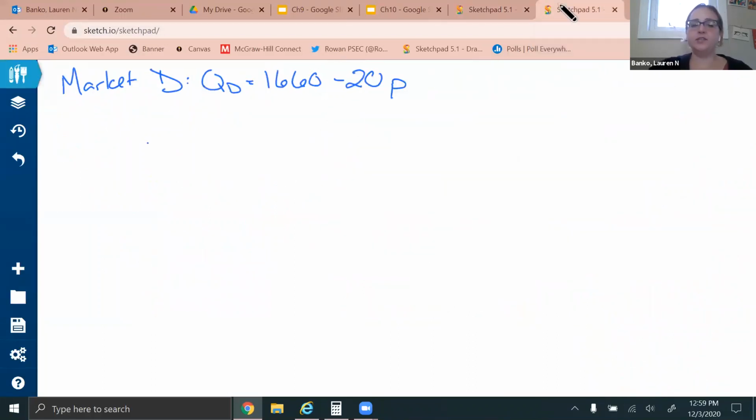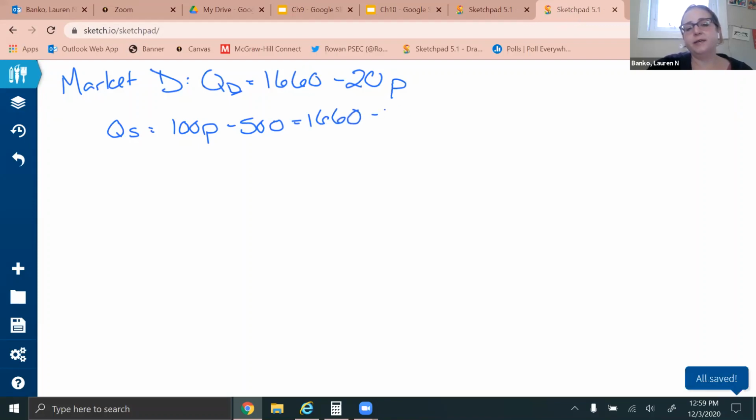In particular, I'm just going to take the top part, this 100p minus 500 of the supply function, and set it equal to the quantity demanded here. We just are going to have to make sure that the price is high enough. It has to be greater than that $5, which it probably will be.